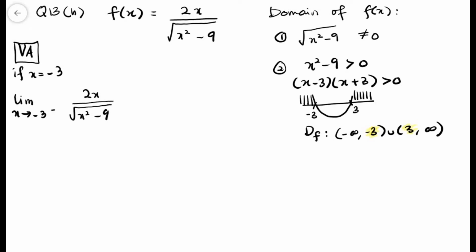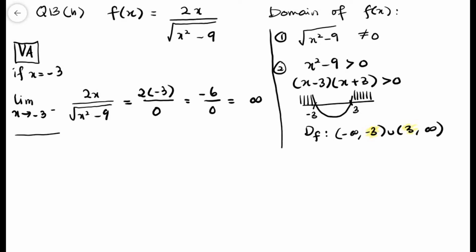When you substitute and solve, you get 2 times negative 3 over 0, of course, negative 6 over 0. The answer should actually be infinity, but we don't know whether it is positive or negative.